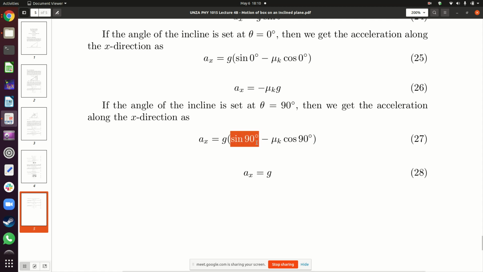Sine 90 is equal to 1. Cos 90 degrees is equal to 0. So you end up having 0 multiplied by mu k. Anything multiplied by 0 is 0. So this whole part becomes 0. Then this sine 90 is 1. So the only thing inside here is 1 minus 0, which is 1. 1 multiplied by g is g. So when your incline tends to an angle of 90 degrees, the acceleration in that particular case is going to be equal to the acceleration due to gravity. So your object is now going to be falling directly under the influence of gravity. So ax in that case is going to be equal to g.